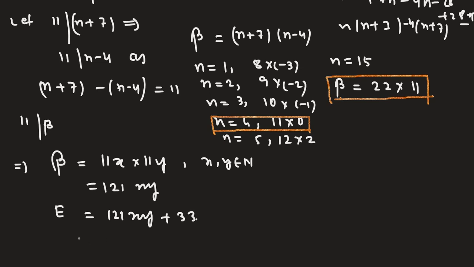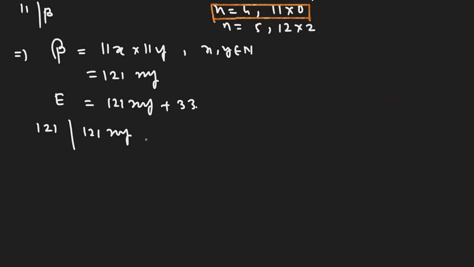So what we say is that 121 divides 121xy, because here 121 is present, but since you are adding some factor, this 33, which is not a multiple of 121, after adding this number, this will not divide.